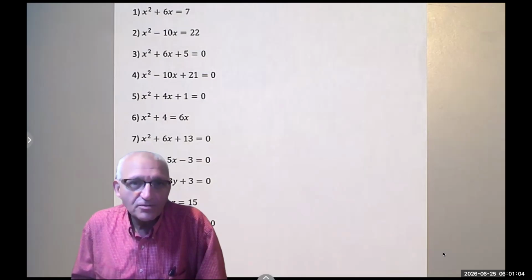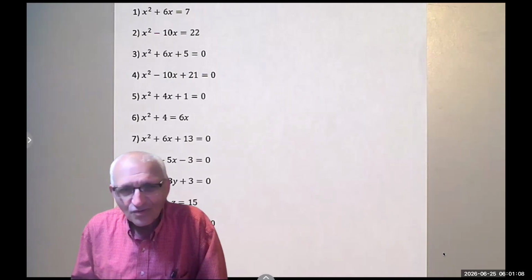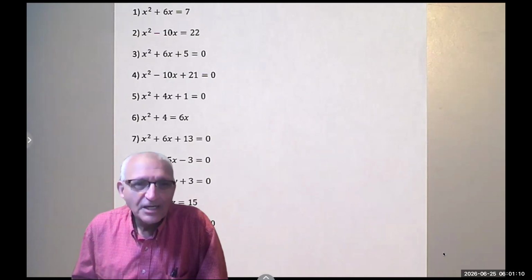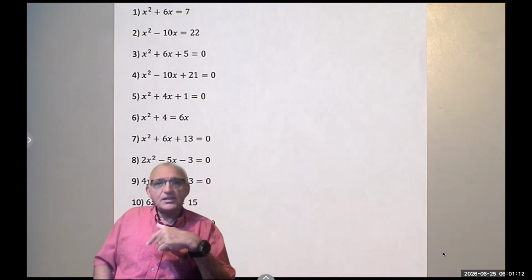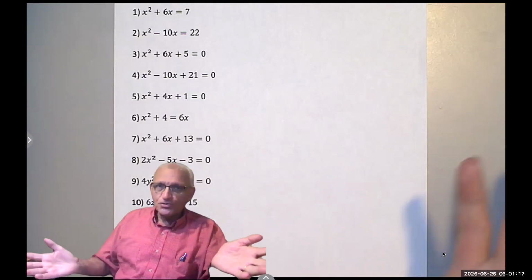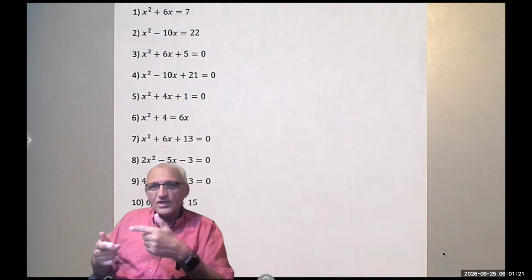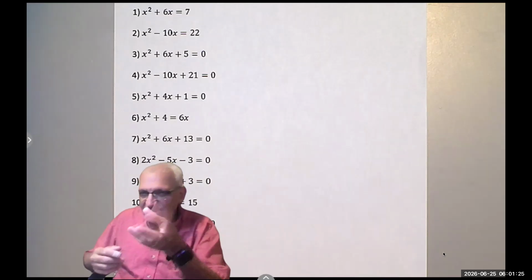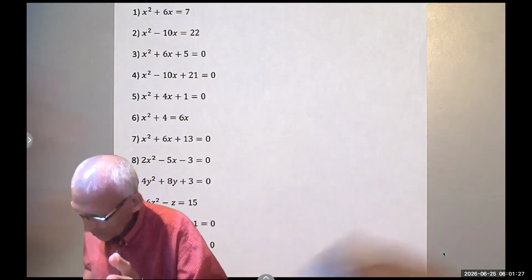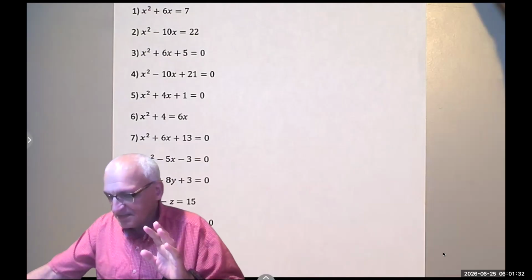And when it's 1, the problem is so easy. Doesn't mean that it's so hard when it's not. But when it's not 1, there would be two approaches. One approach that is usually used, which I don't like, and I will tell you why. And another one that is maybe a little more work, but it's simpler. Or you may disagree with me, that's fine. You can use either method.